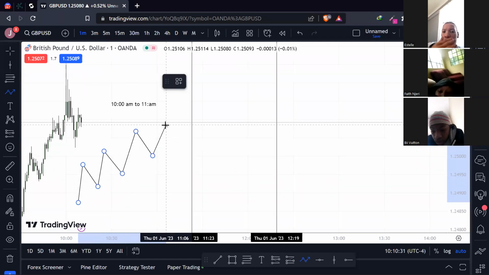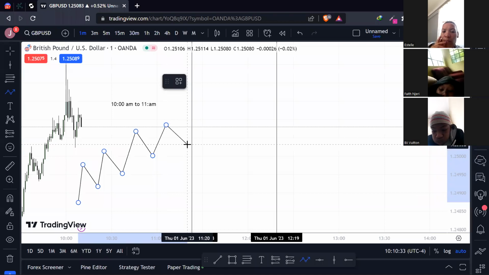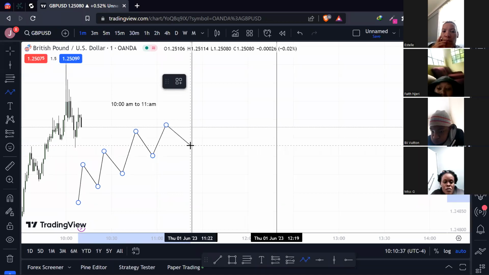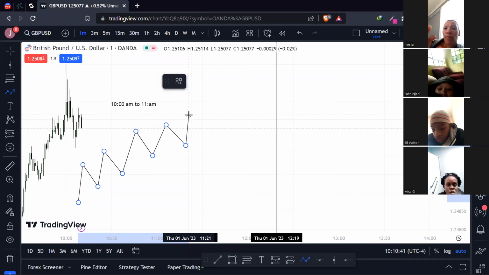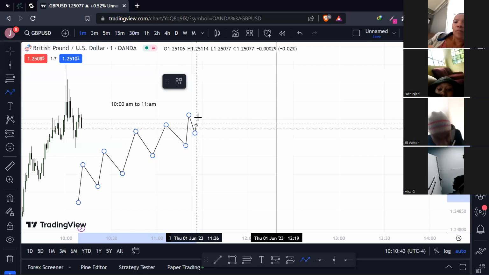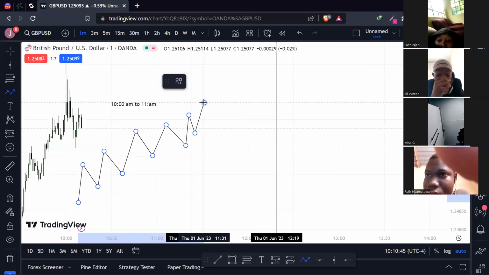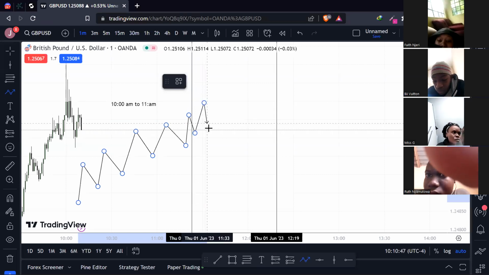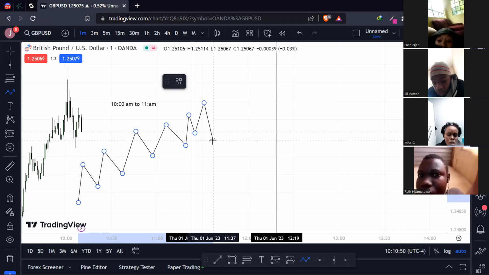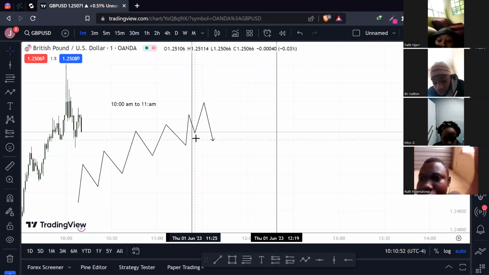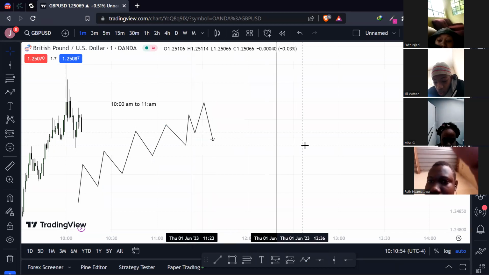When it comes to the trading model, the price creates a new higher high and comes down, and it comes down and creates a market structure shift in the time period.